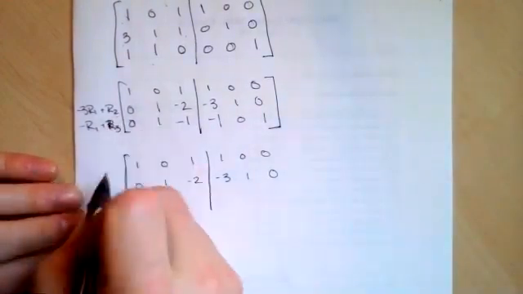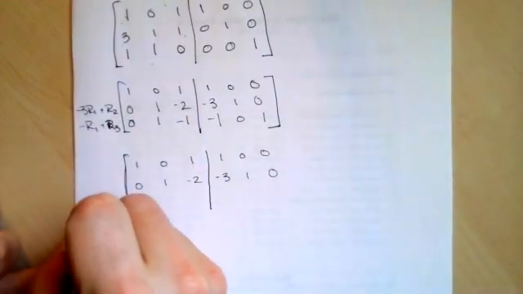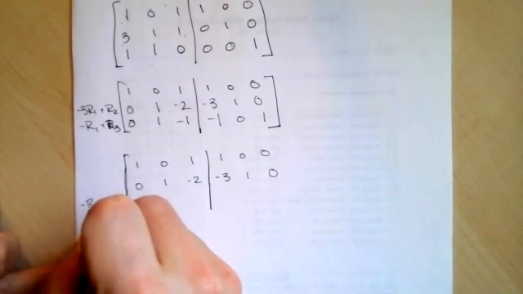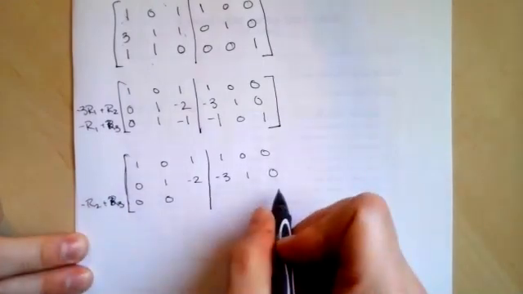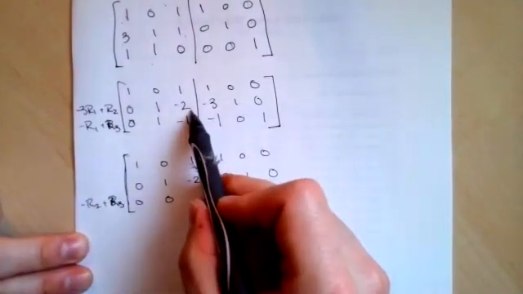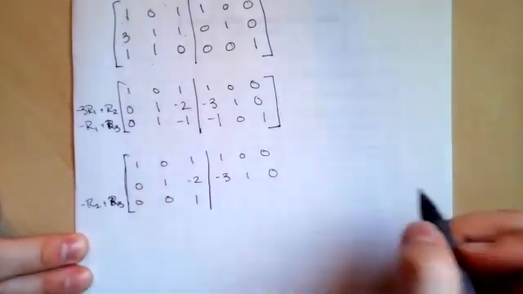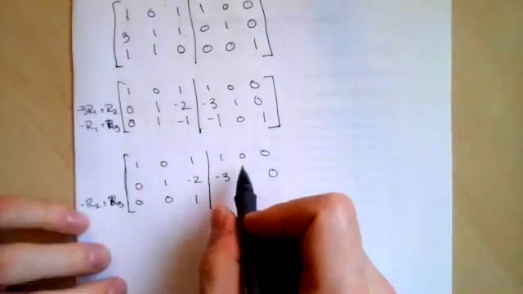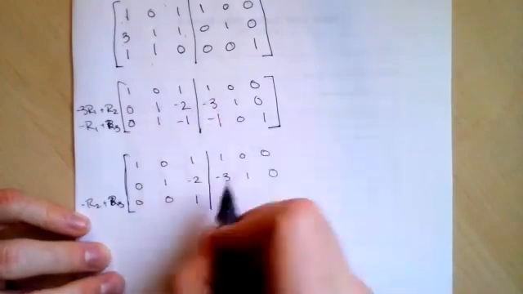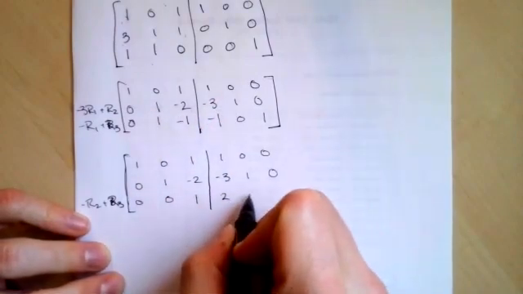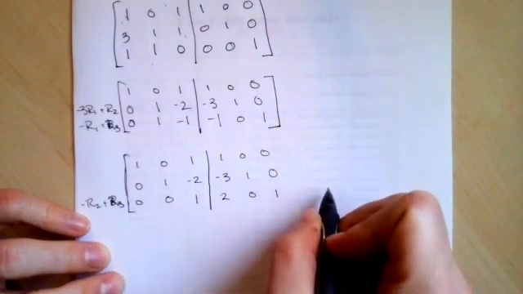So then negative row 2 plus row 3 will give us 0, 0. And then negative row 2 will give us +2 plus row 3 will give us a +1. That's nice. We won't have to do more work in that row. And then negative of that plus that gives us a 2, 0 and a 1.